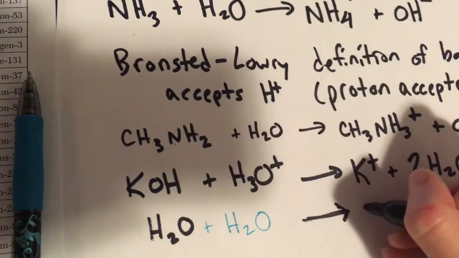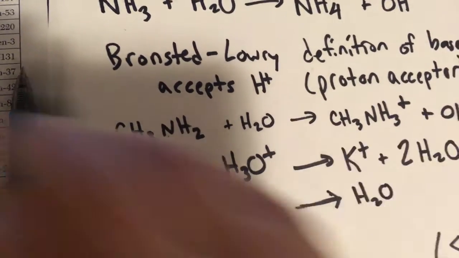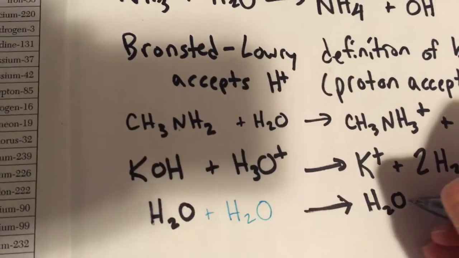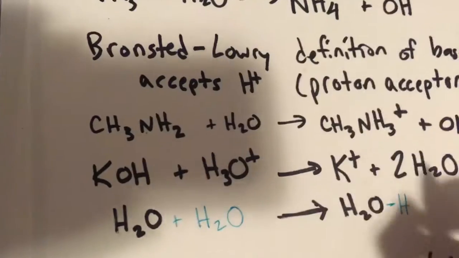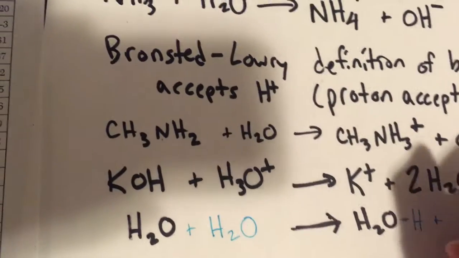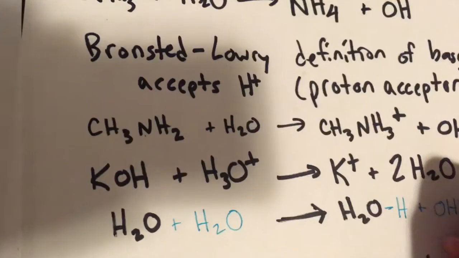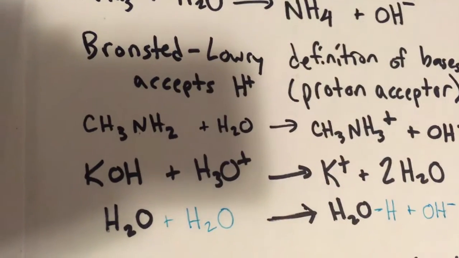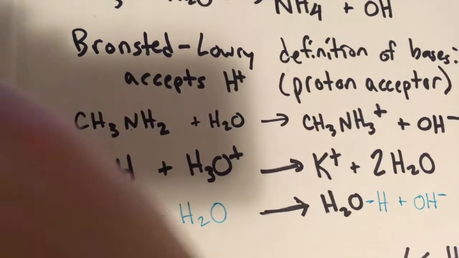So this H2O could grab a hydrogen from this molecule, right? This molecule would lose a hydrogen, and so it would end up as OH minus because it just lost its hydrogen.